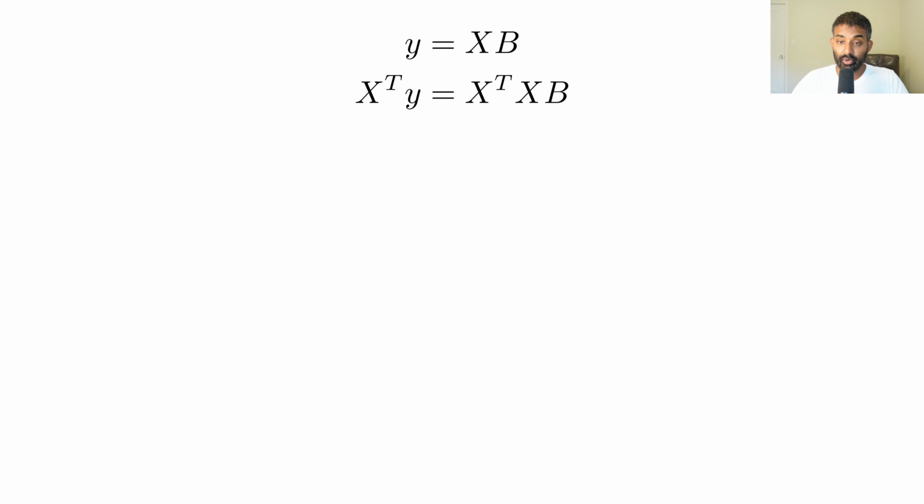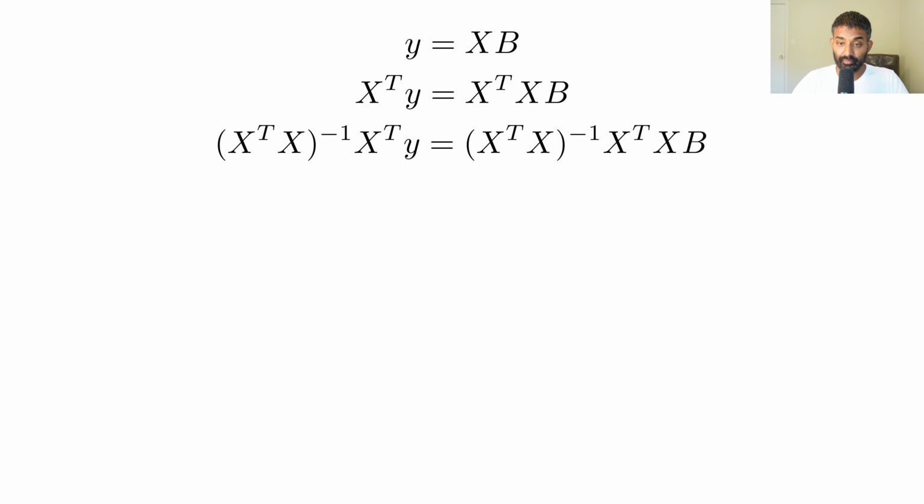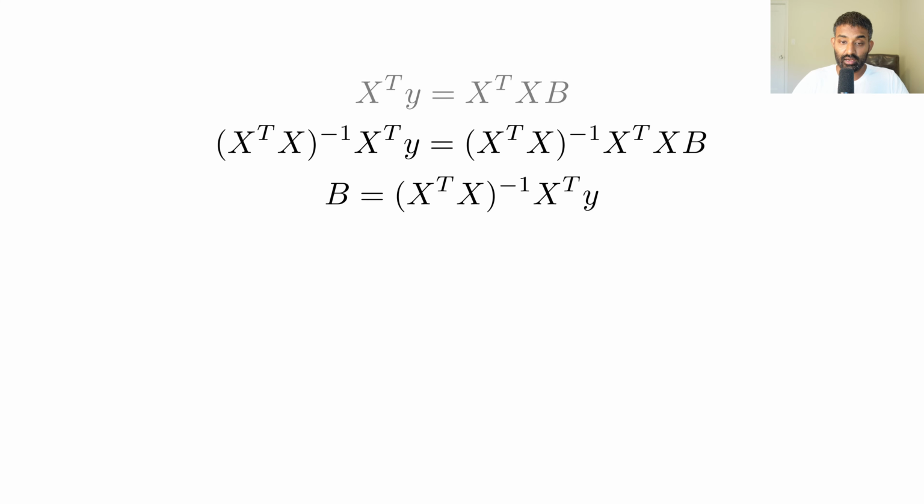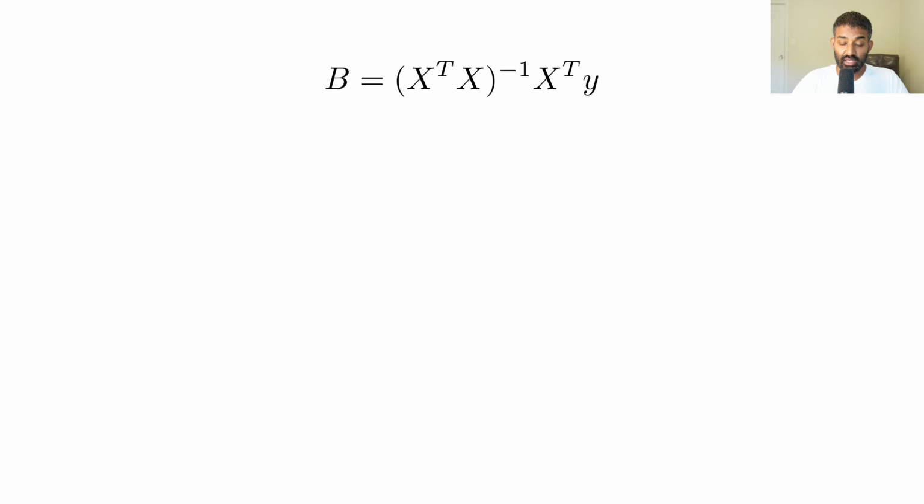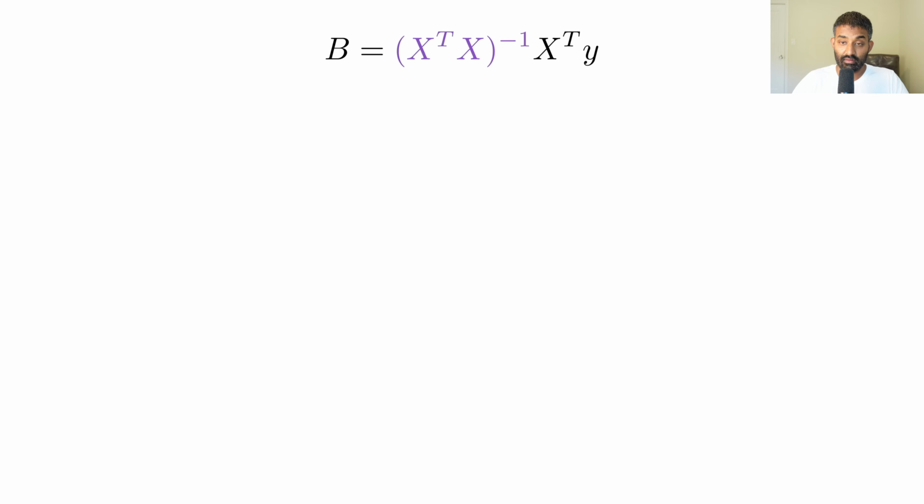So we multiply both sides by x transpose to get a square matrix that we can invert. Then we invert the x transpose x term on both sides, and we're able to cancel out the x transpose x times x transpose x inverse on the b side, and we end up with this equation: b equals x transpose x inverse times x transpose times y.